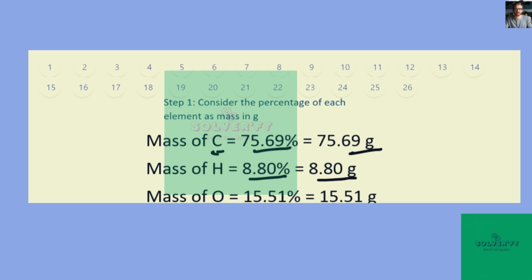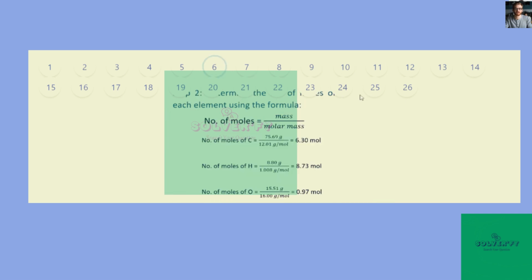And as usual, for oxygen, 15.51% as 15.51 gram. Then in the second step, we have found out the number of moles of each element by putting their mass over their molar mass. So here we have the number of moles for carbon, the same way we have the number of moles of hydrogen, and here we have the number of moles of oxygen.